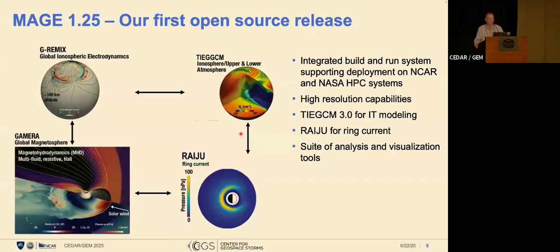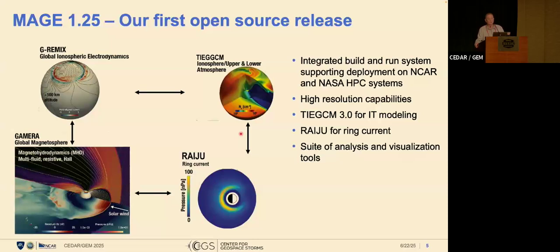I mentioned that it has the TIGCM as the thermosphere ionosphere model. That is TIGCM version 3.0. Haonan Wu from our team has been leading an effort on the modernization of TIGCM, drawing on the skills of numerous folks, Wenbin, Kevin, Dong, Nikhil, for getting that going for the ionosphere thermosphere.